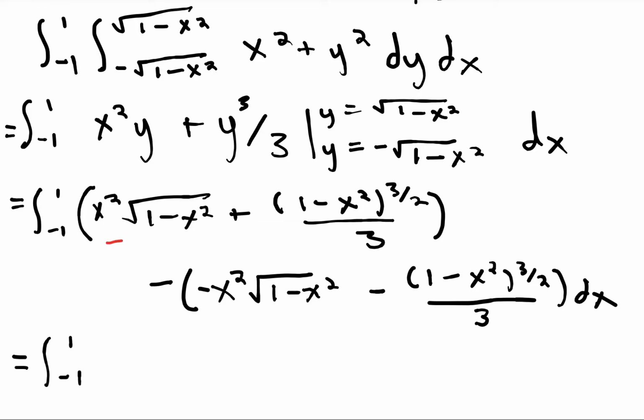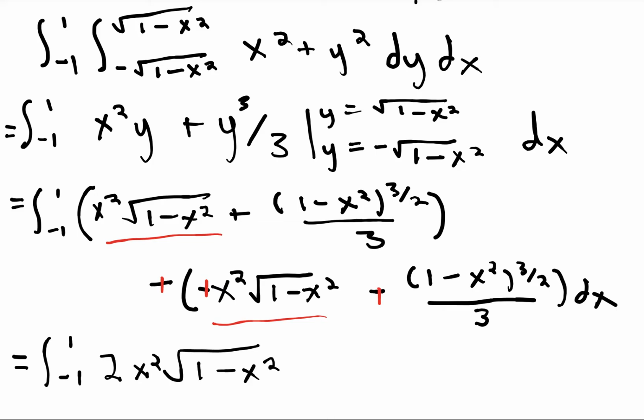You may notice if I'm subtracting a negative, really I'm adding pretty much everything here. And these first two terms look alike. That means that I've got two copies of them, so I really have 2 x squared times root 1 minus x squared. And then same deal with the fractions on the end. I've got 2 of those guys, so I've now got a coefficient of 2/3 on this thing.